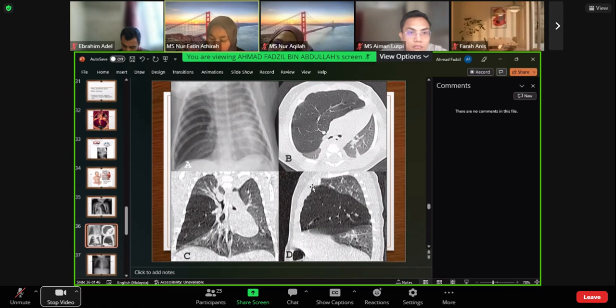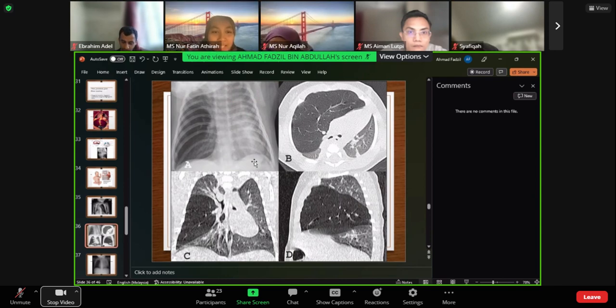Because at the right side there is like consolidation over the right lung. Where is the consolidation? At the right.